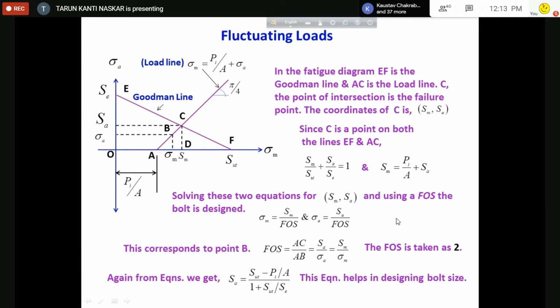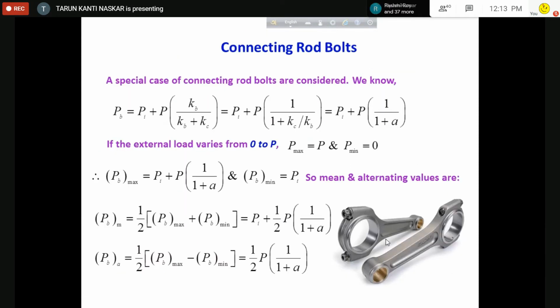But even with fluctuating load, if we can make an arrangement so that in the presence of fluctuating load we can design it against static load, then it will be very helpful. That simple example is given, that you will find in books, that is connecting rod bolts.